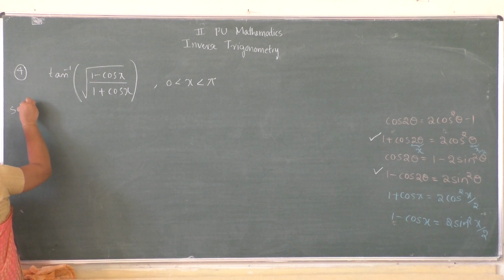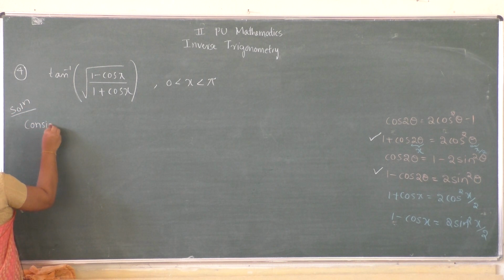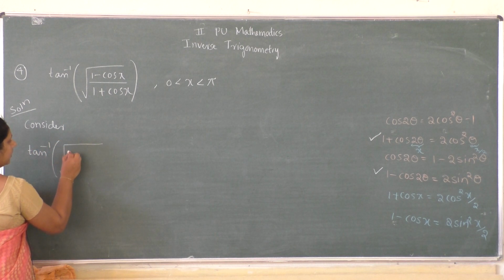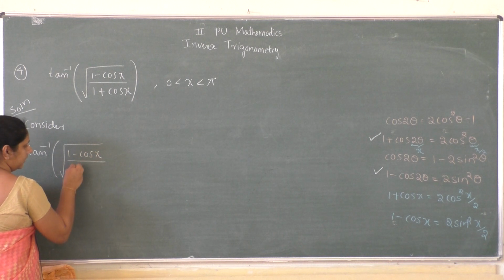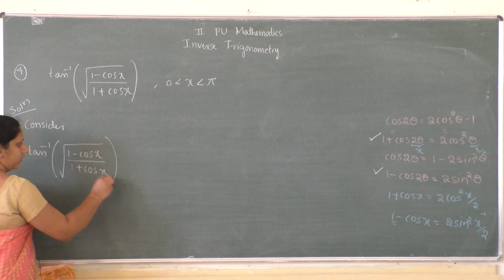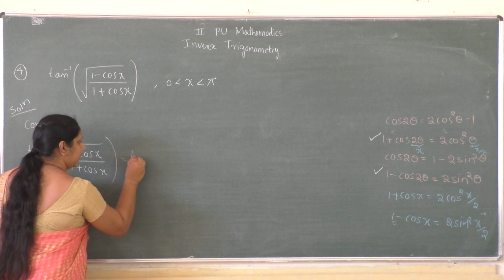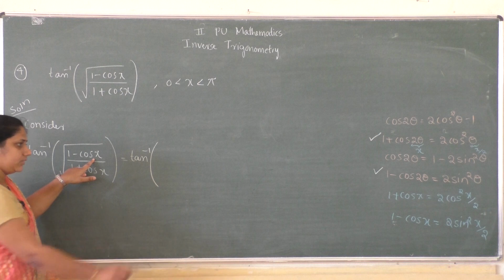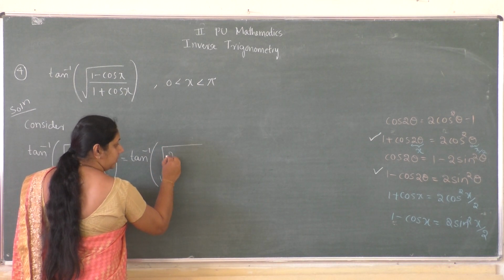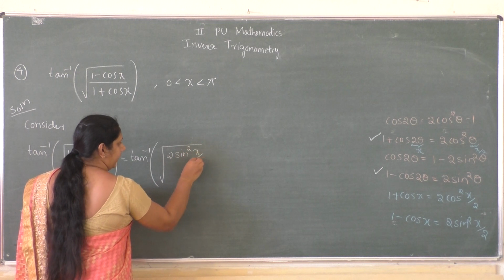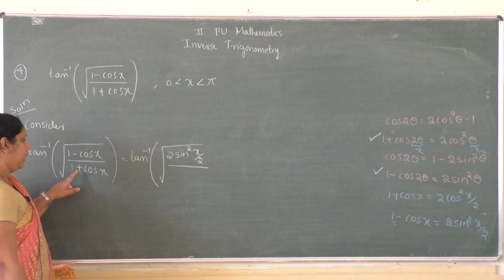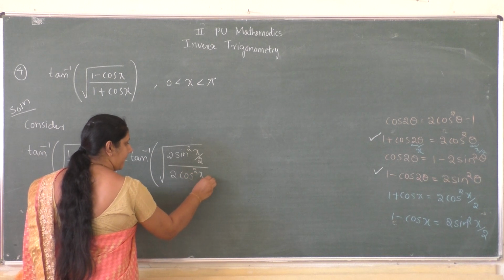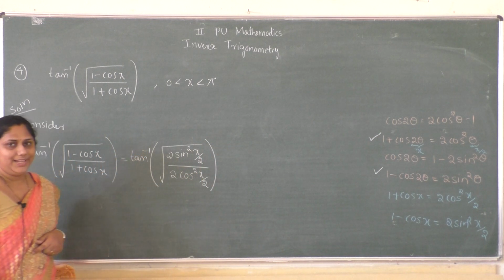Solution: consider the given term, tan inverse of root 1 minus cos x divided by 1 plus cos x, which is equal to tan inverse of root, in the place of 1 minus cos x we write 2 sin square x by 2 divided by, in the place of 1 plus cos x we write 2 cos square x by 2.